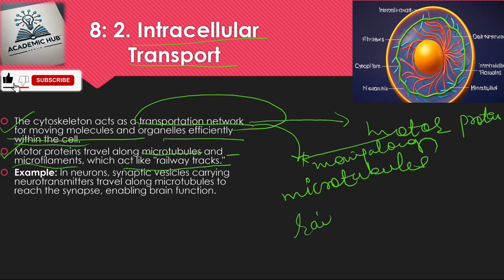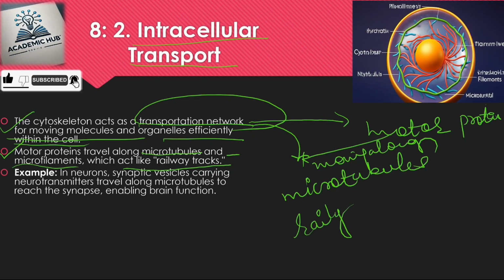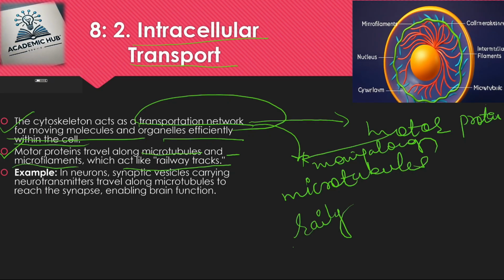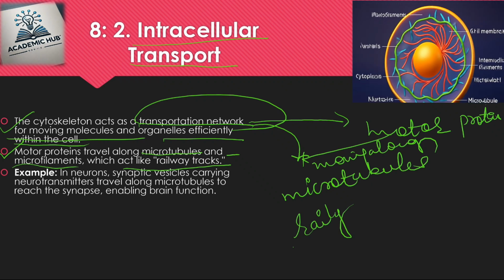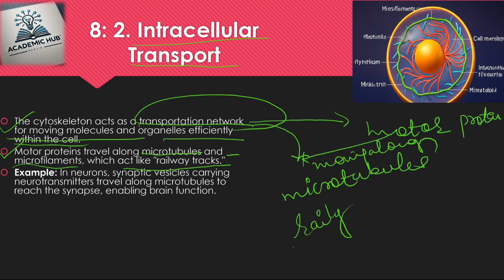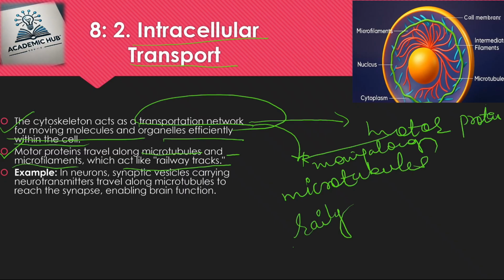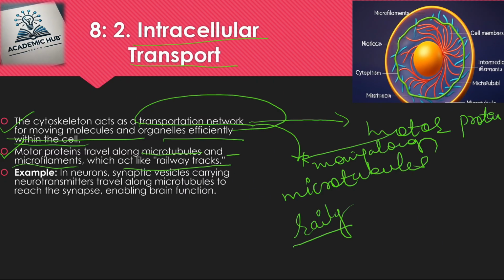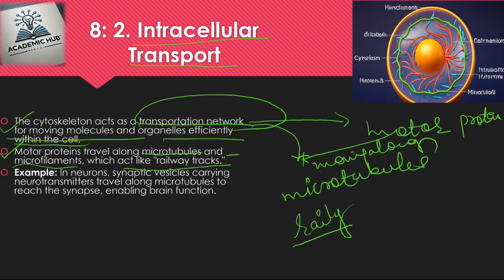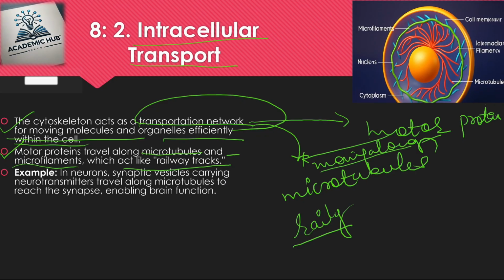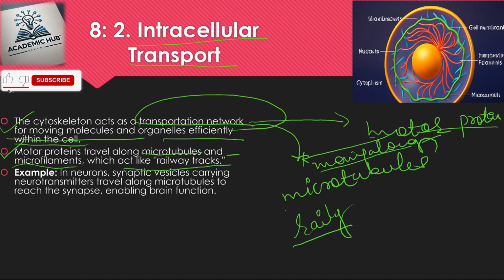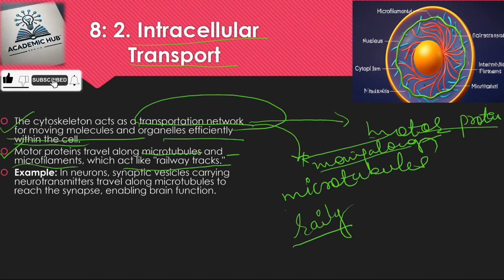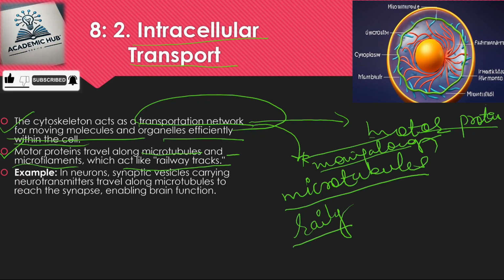Railway track means the track over which heavy vehicles or cargo wagons run. So this heavy-loaded function is conducted by the microfilaments and microtubules, with motor proteins moving along the microtubules.